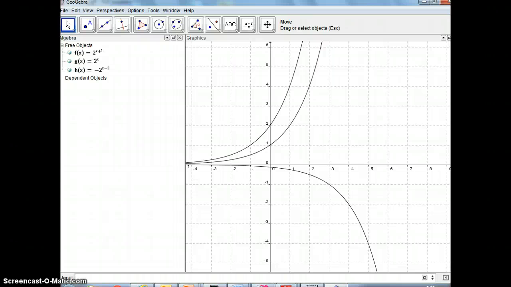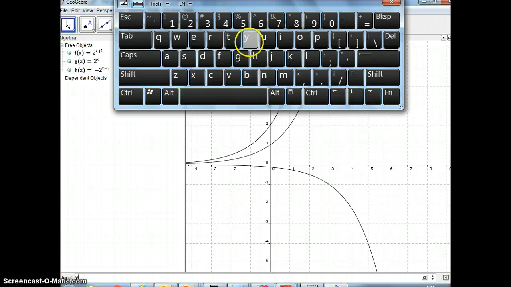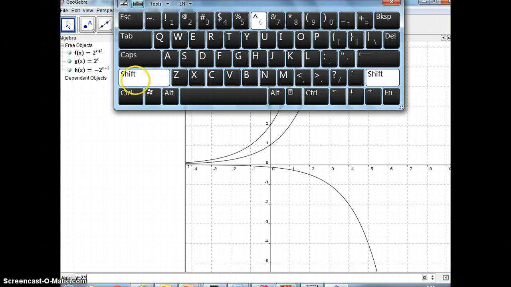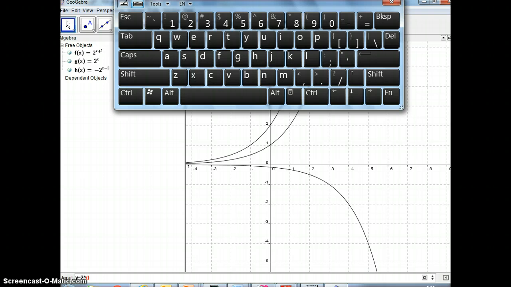So you see what happened? The whole thing flipped upside down, and it has shifted to the right by 3 as well, because that line is y equals minus 2 to the power x minus 3. Just to compare that with y equals 2 to the power x minus 3.